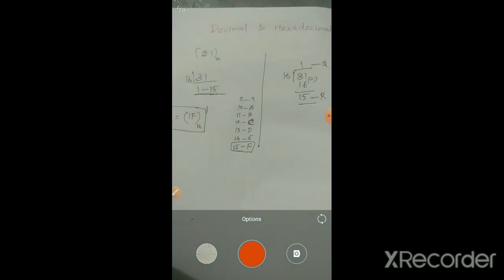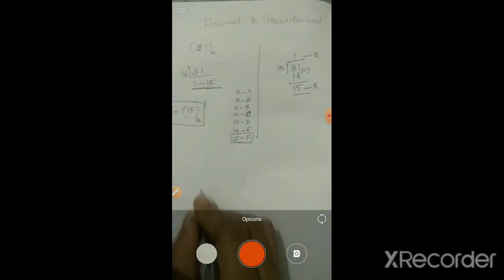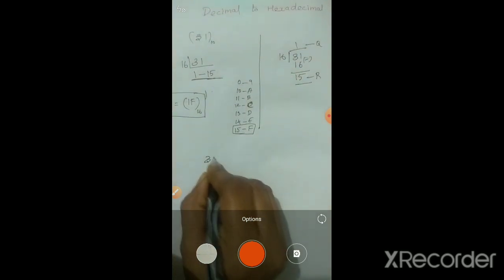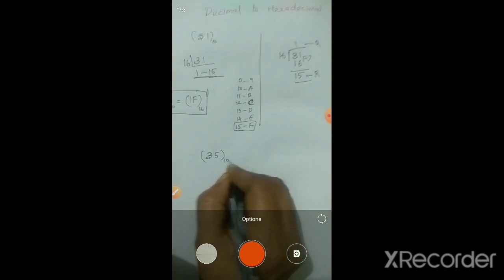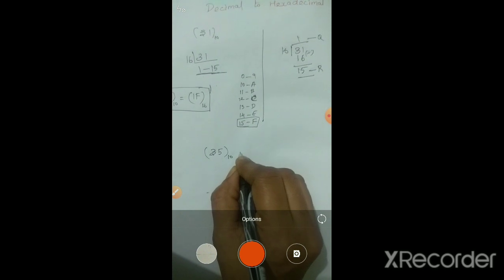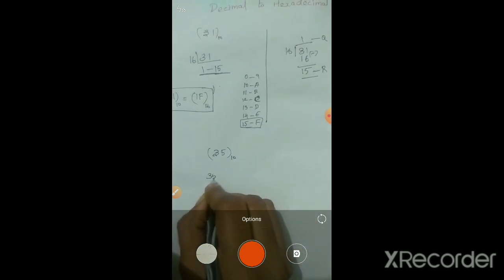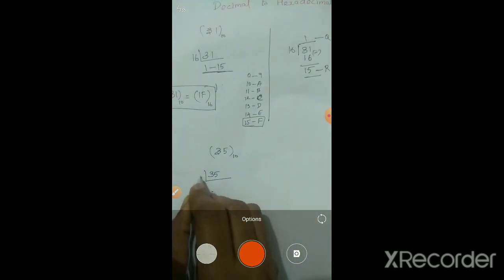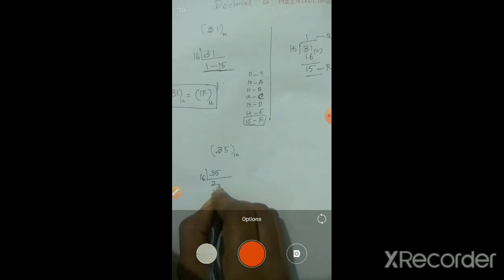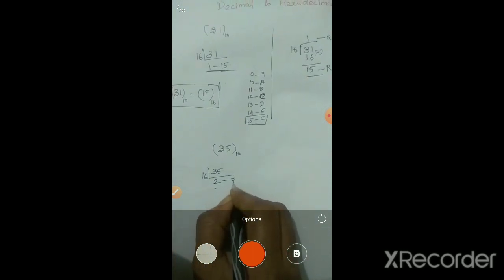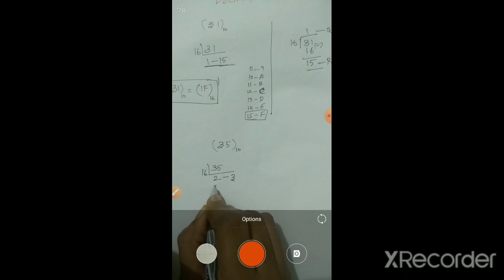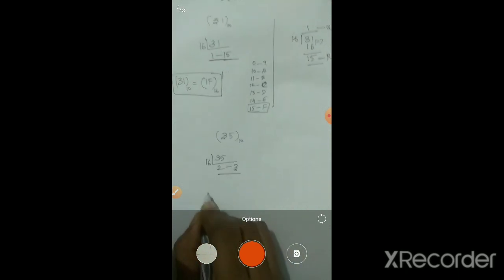Are you understanding? It's very easy. Let me do another sum: 35. It is converted to hexadecimal by dividing by 16. 16 twos are 32. The remainder is 3. So how to write this? 2 3.